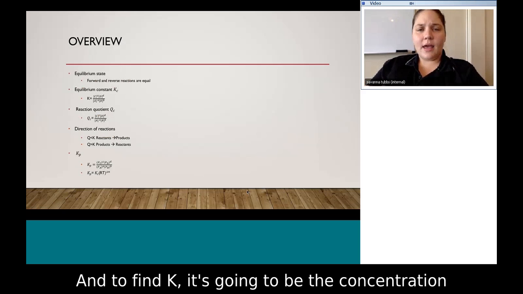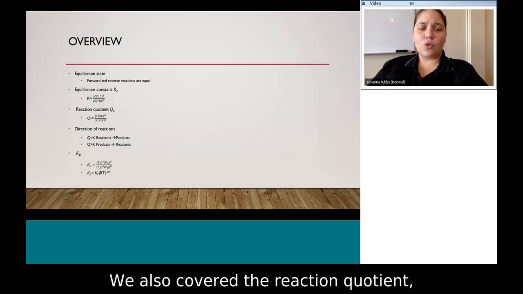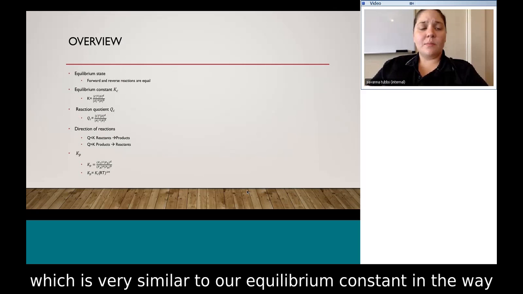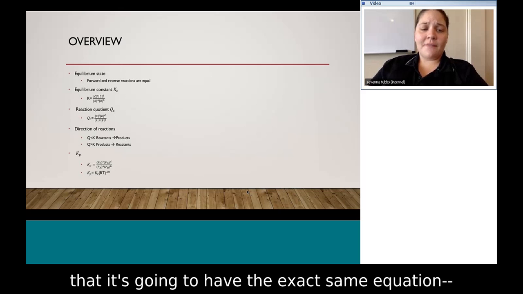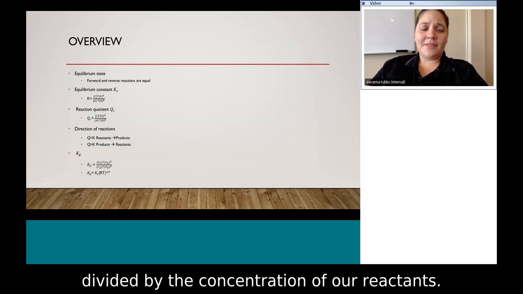And to find K, it's going to be the concentration of your products divided by the concentration of your reactants. We also covered the reaction quotient, which is very similar to our equilibrium constant in the way that it's going to have the exact same equation.